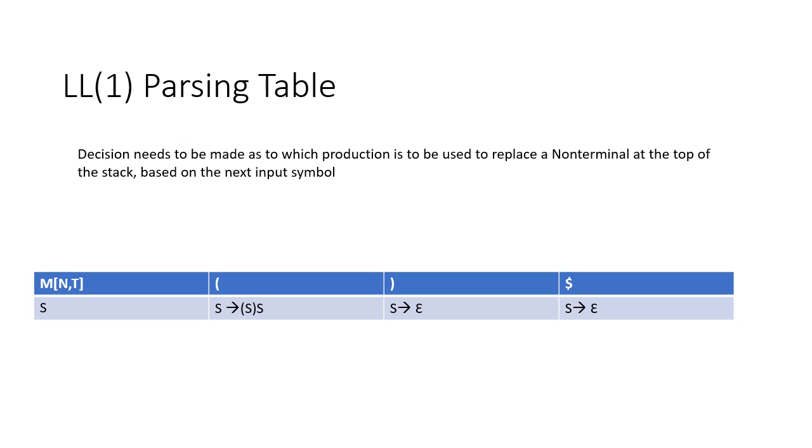Or if S is the non-terminal at the top of the stack and in the input you have dollar, that means you have finished reading the input, then use this production, S derives epsilon. So with the help of this parsing table, when you have to decide which production is to be applied, you have a look at this table and then you can decide which production is to be used.